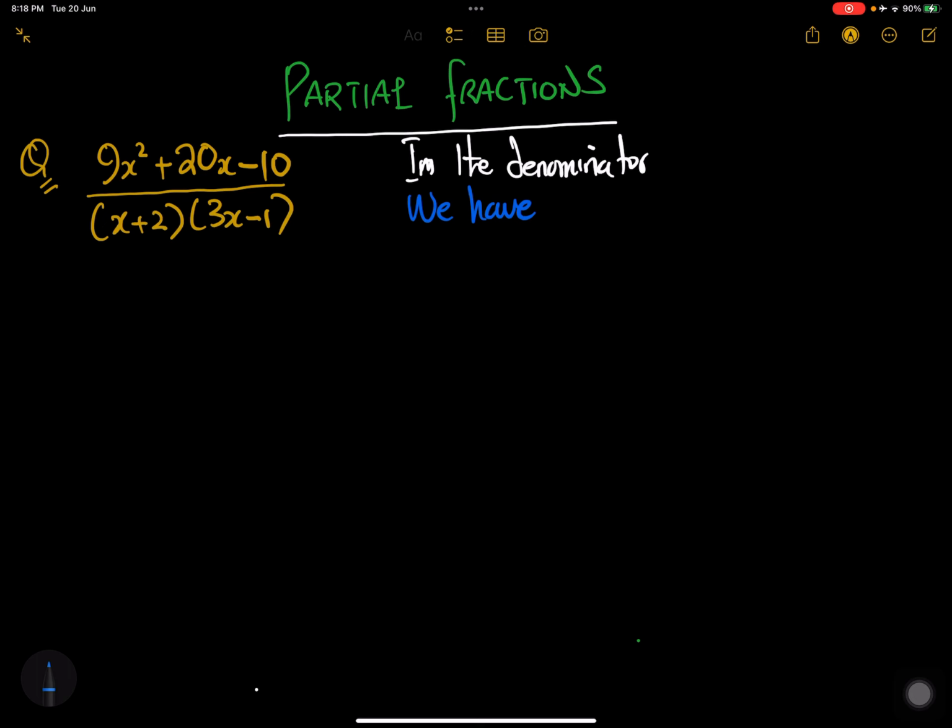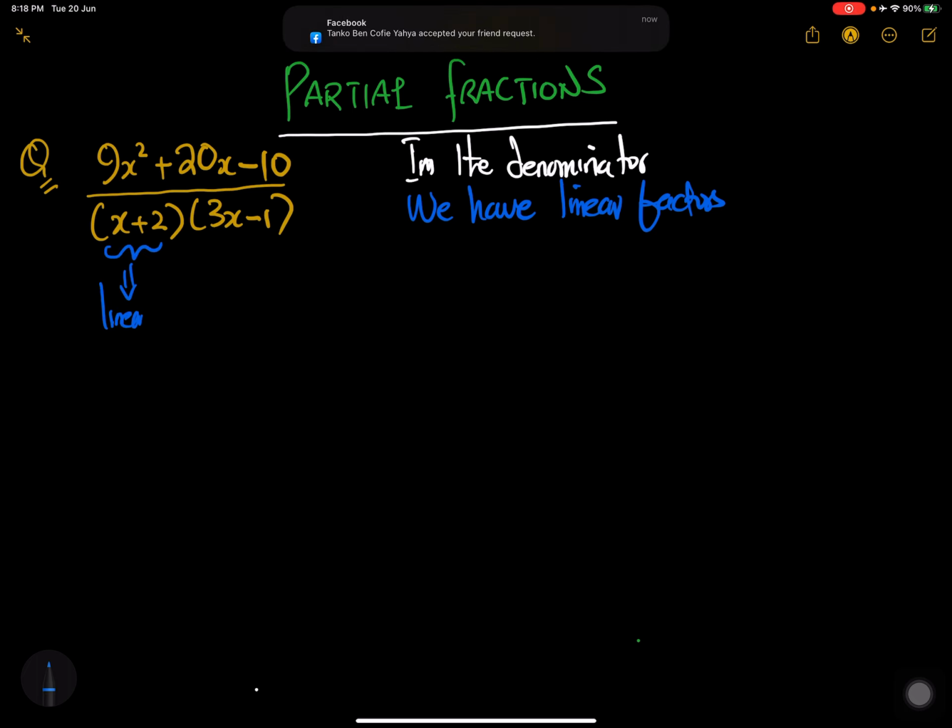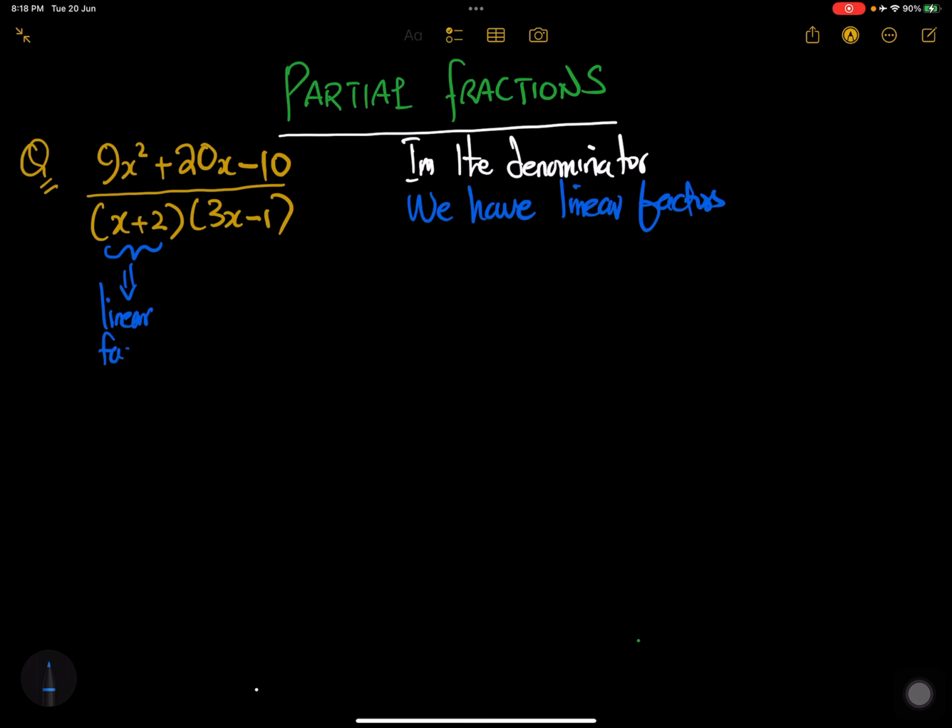This is a linear factor, and the other one is also a linear factor. This is the first method, where the denominator has linear factors.